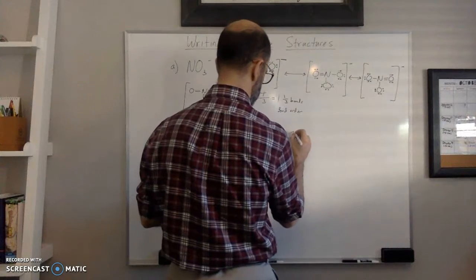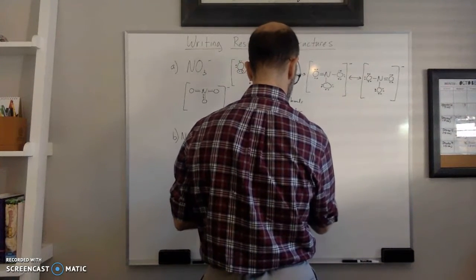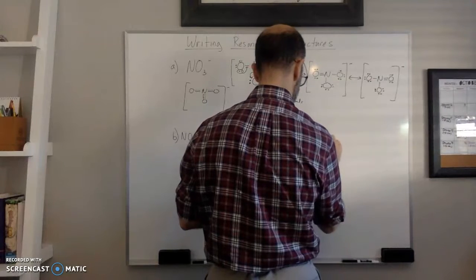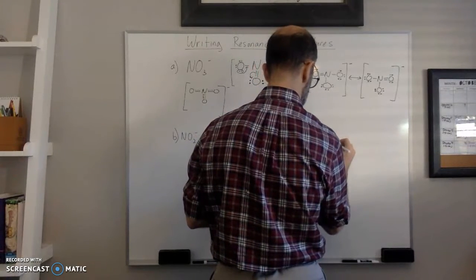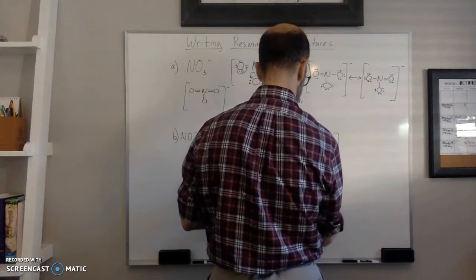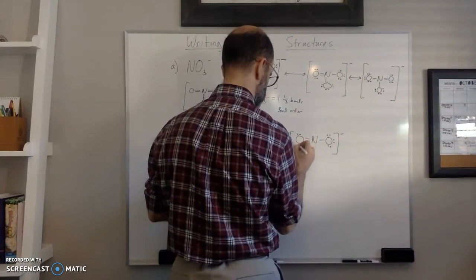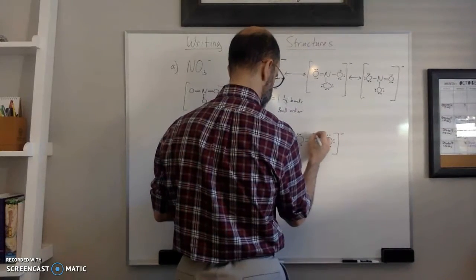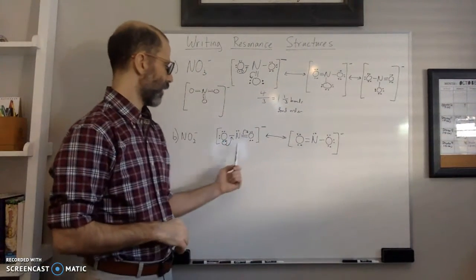And so you get the double bond on the other side of your Lewis dot structure. And there's our negative, and we have 2 lone pairs there. Don't forget the lone pair on the nitrogen. And so here's this one.